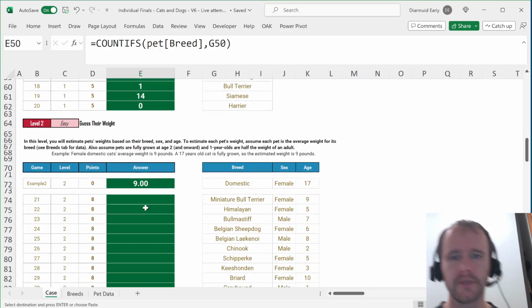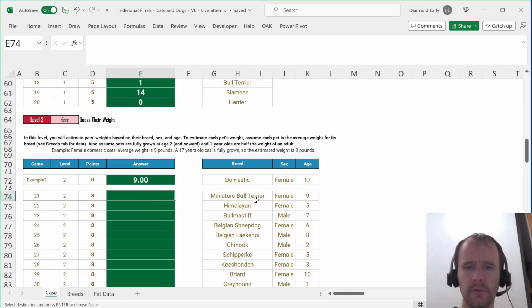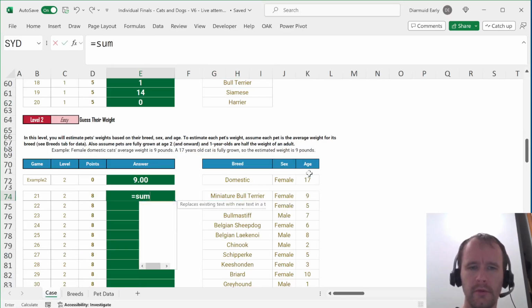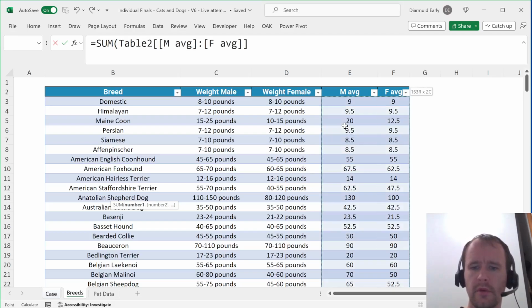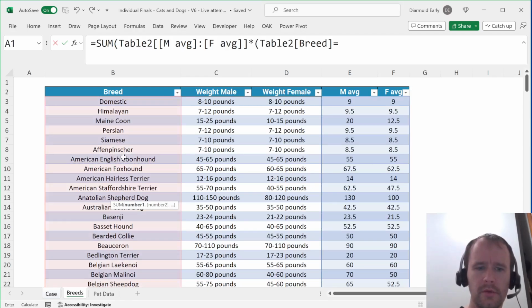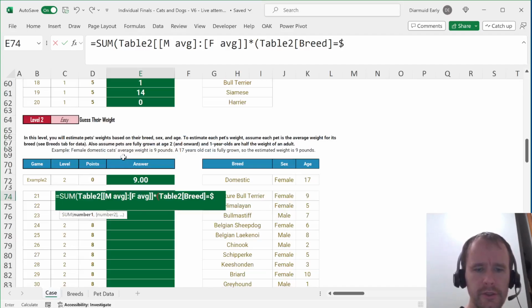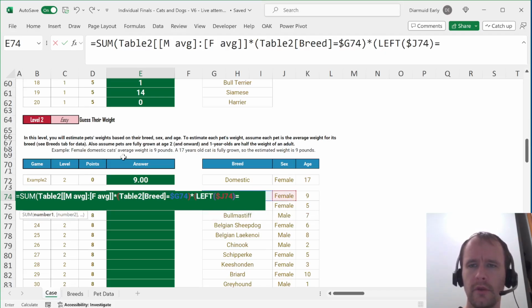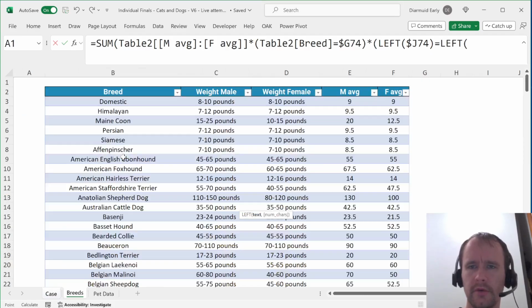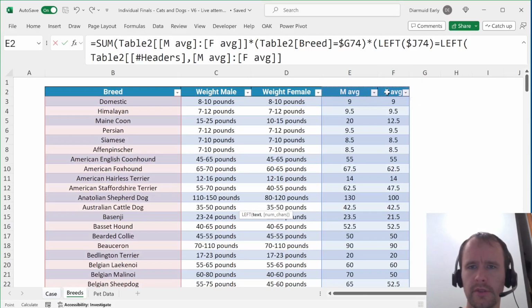All right, guess their weight. So what I'm going to do is I'm going to say sum of this times this equals $G74 times left of $J74 equals left of this.